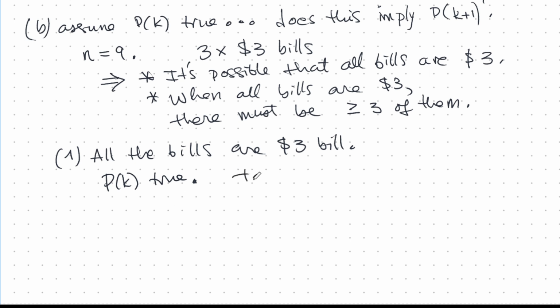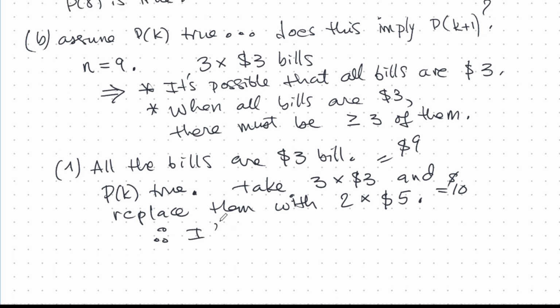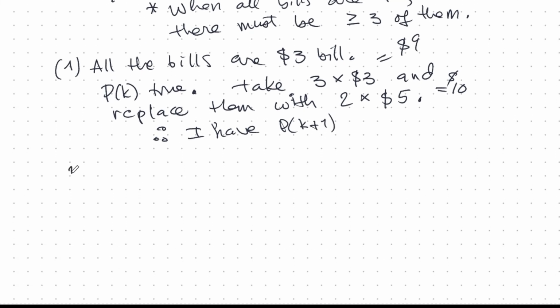So what I can do is take three $3 bills and replace them with, you guessed it, two $5 bills. That's a very clever trick because this is $9 and this is $10. So when I do this exchange, I get an extra 1 into my amount, and so therefore I have my Pk plus 1. Pk plus 1 is true for this case. Very interesting.